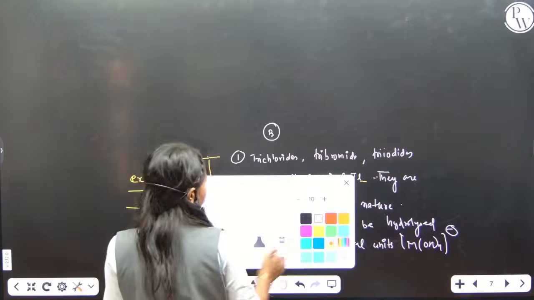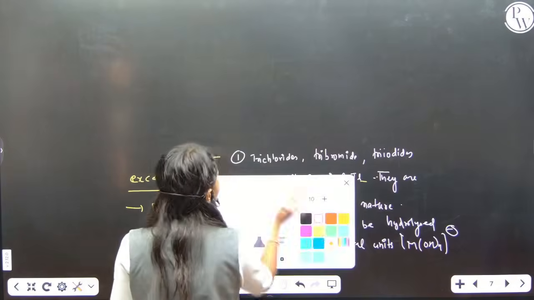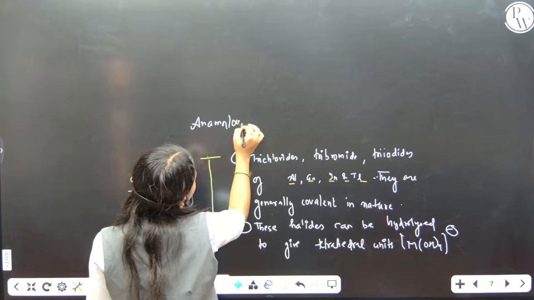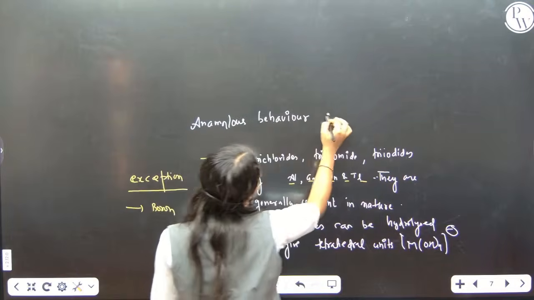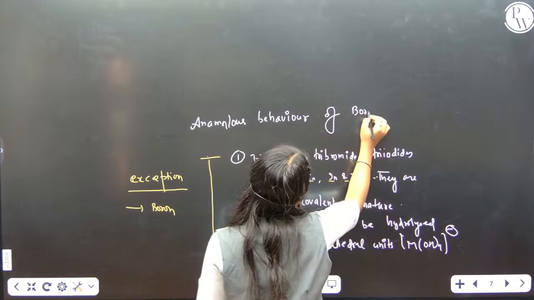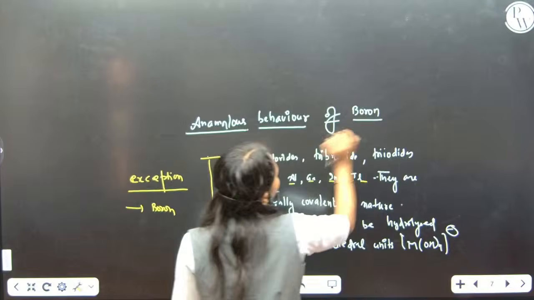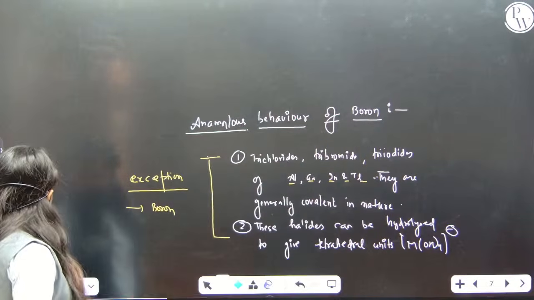So what we are doing here is the anomalous behavior of boron. This is the first anomalous behavior.